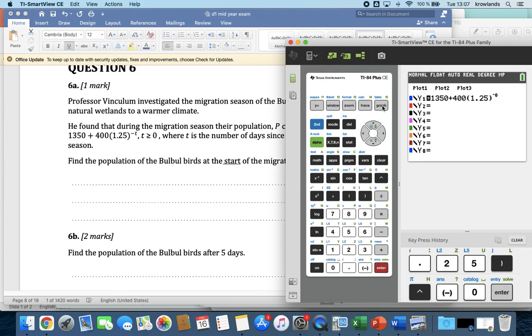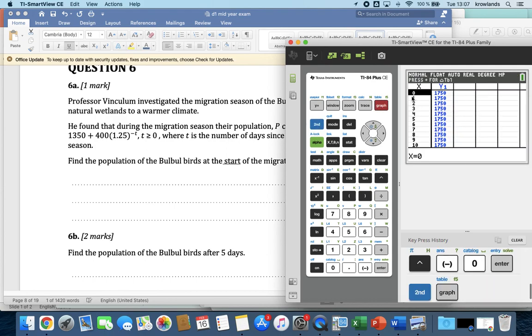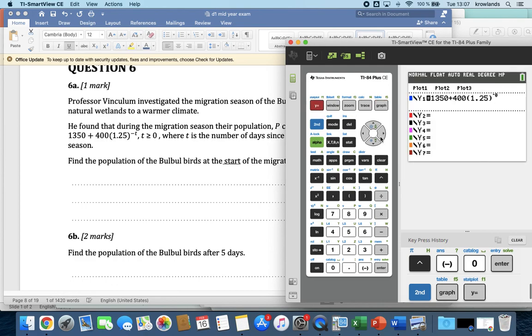Enter. Then you can do this a number of ways, but I think the easiest is to look at the table. So when the population is, or at the start of a period, it is going to be 0, our answer is going to be 1750. However, you can see there's an issue because these numbers don't change. So let's see where I've gone wrong.